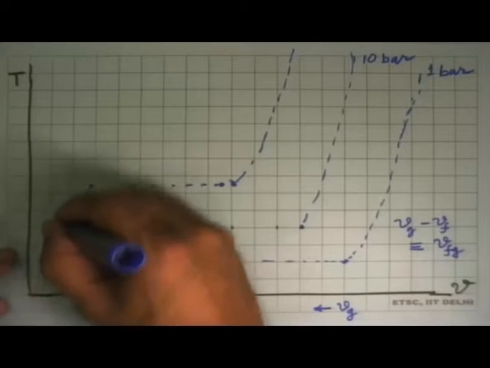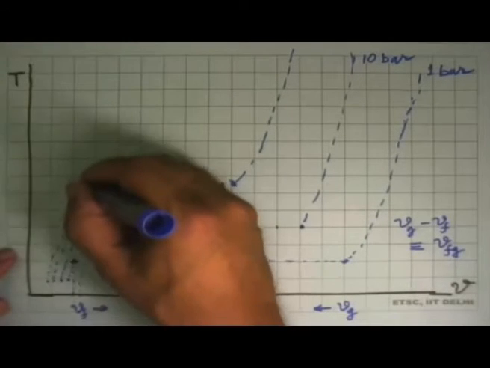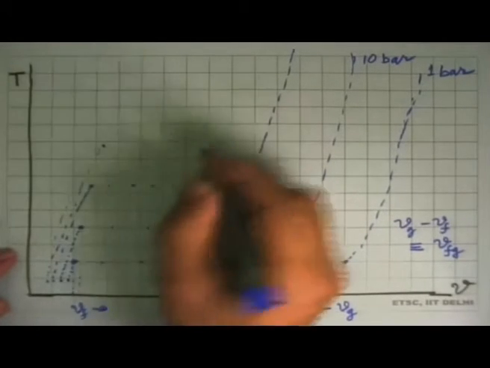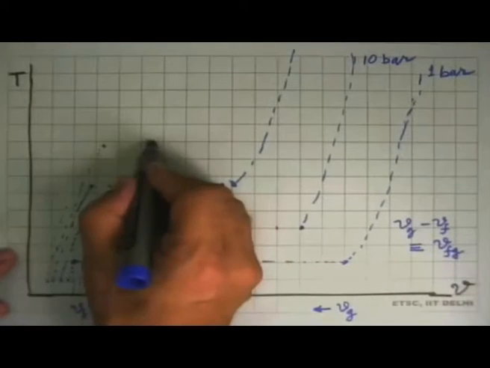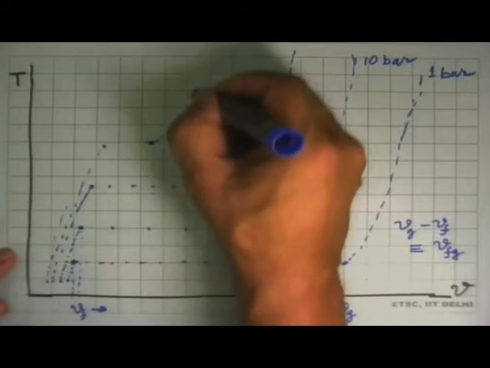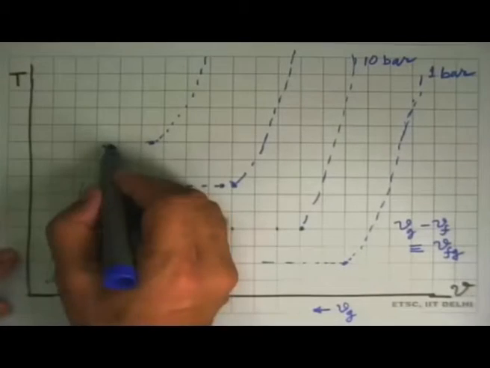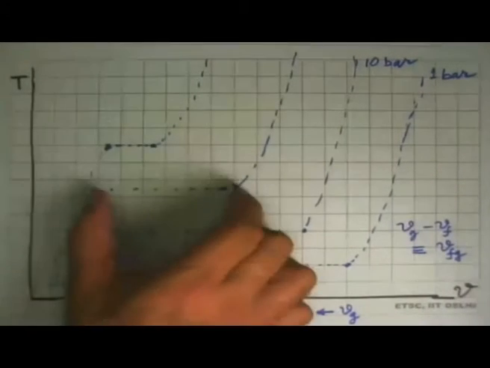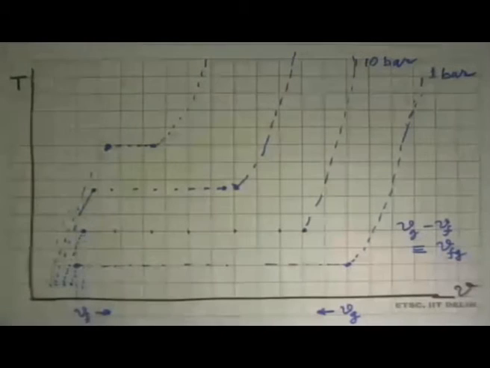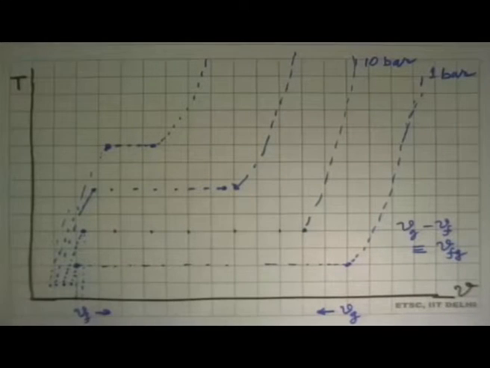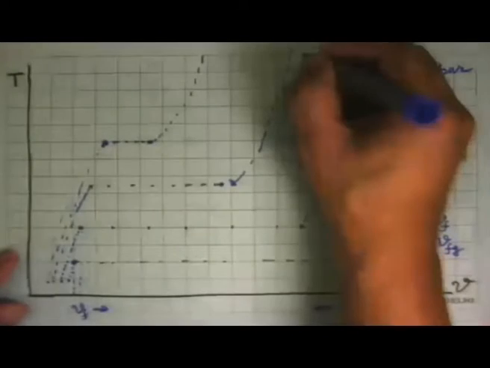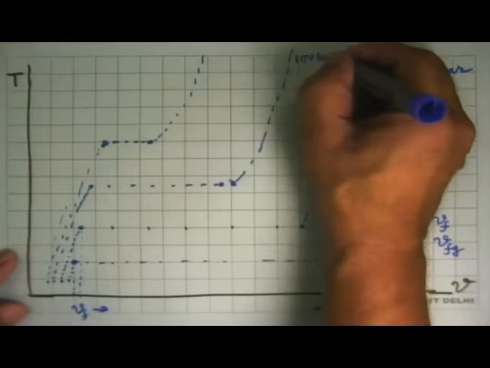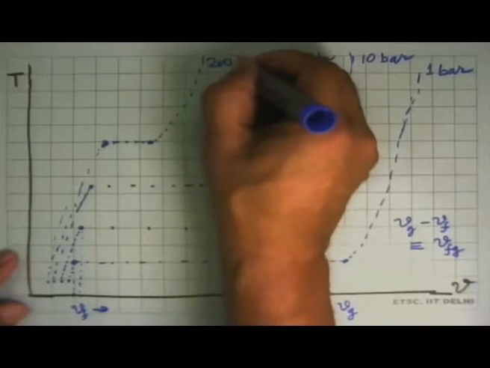At 200 bar, this will come up steeply, come up over there, and from here the states will go off there. So this difference between specific volumes of vapor and liquid phase keeps decreasing as the pressure increases. 10 bar, 100 bar, 200 bar.